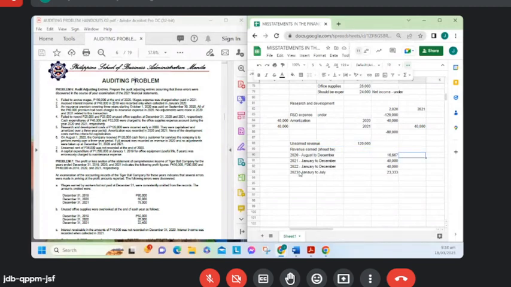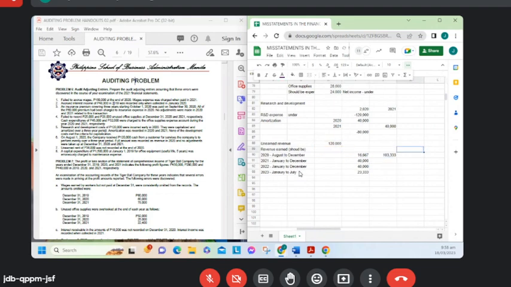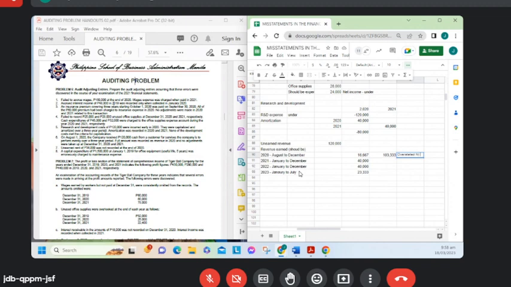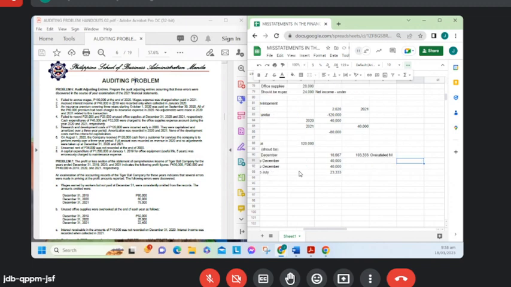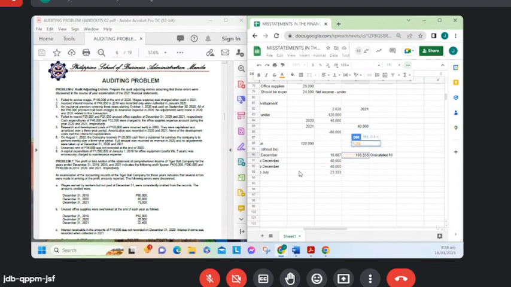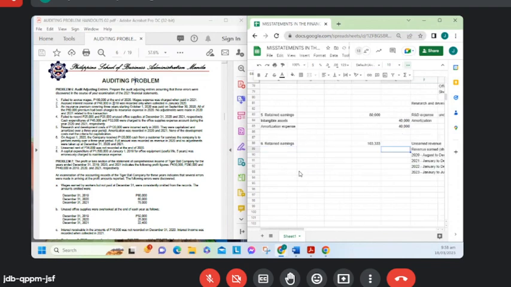So it means in 2020, there is an overstated net income resulting to overstated retained earnings amounting to 103,333. So for number 6, our entry will be a debit to retained earnings, 103,333.